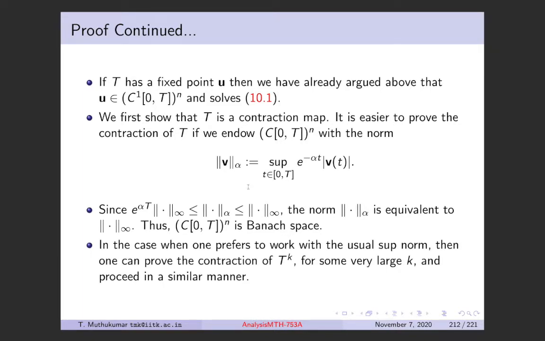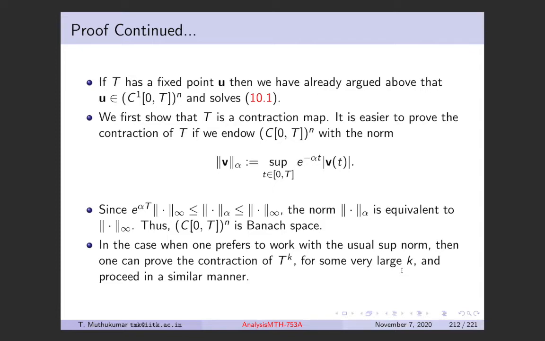Now, the reason why we are looking at this norm and not the usual norm: the usual norm also we can take. That is what I'm saying here, one can consider the usual sup norm. But in that case, proving T is a contraction is not going to help you much. We need to show that T to the power K is a contraction for some very large K, and then whatever we are doing in this proof, we just proceed in that way.